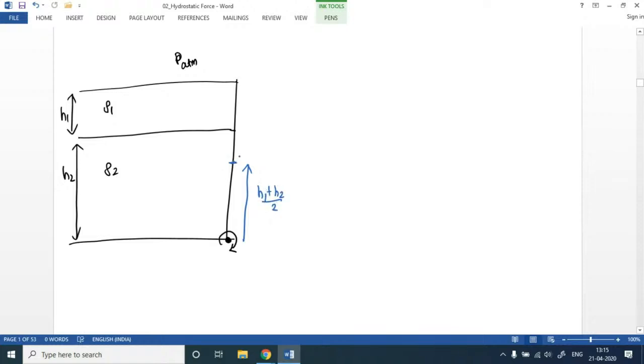So that is going to be somewhere here. And what would be the magnitude of this force? The magnitude of this force is going to be equal to P naught, that is the pressure, and the total area of this wall, that is going to be h1 plus h2 into, let's say, breadth is b. Okay, so this is one of the force.